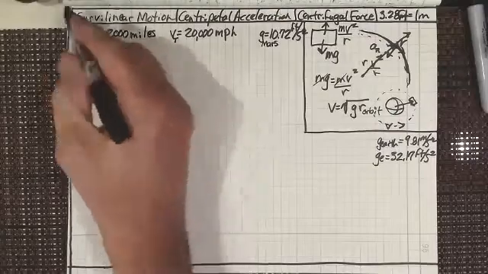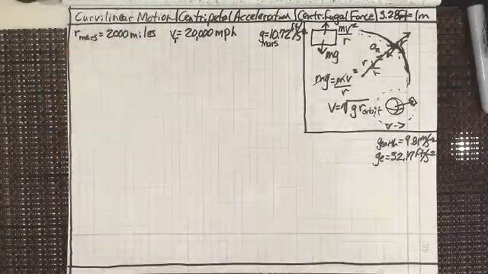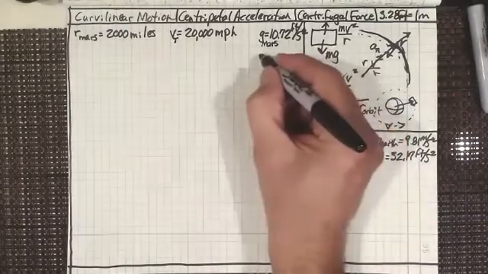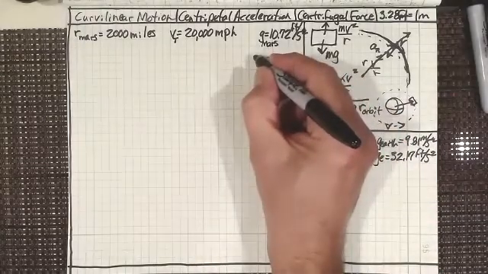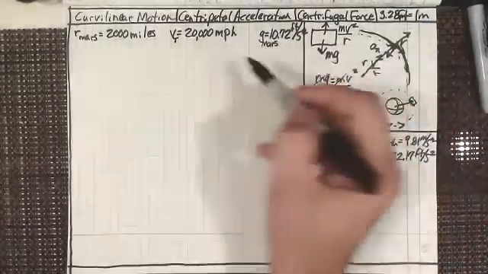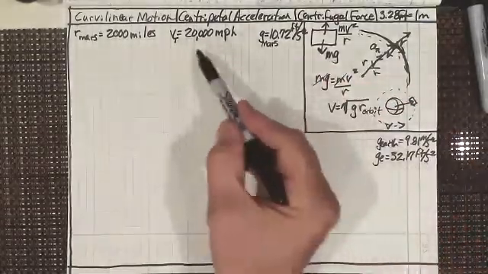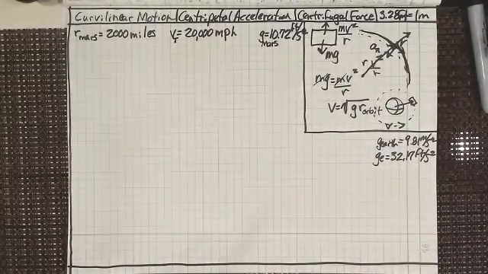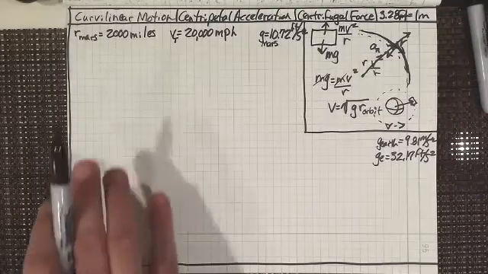We know that the radius of Mars is 2,000 miles. So I want to know two things. I want to know the radius from the center of Mars to the spaceship, and then how far it is above the surface. That should be very easy, shouldn't it?